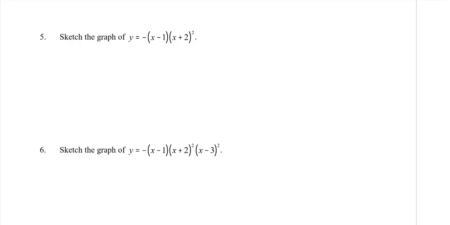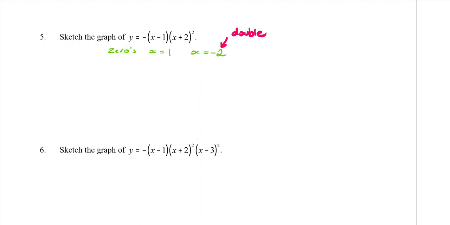The zeros still come from the brackets. From the first bracket, I get x equals 1. From the second bracket, I get x equals -2, but put a little arrow to that and write the word double. That one is a double.